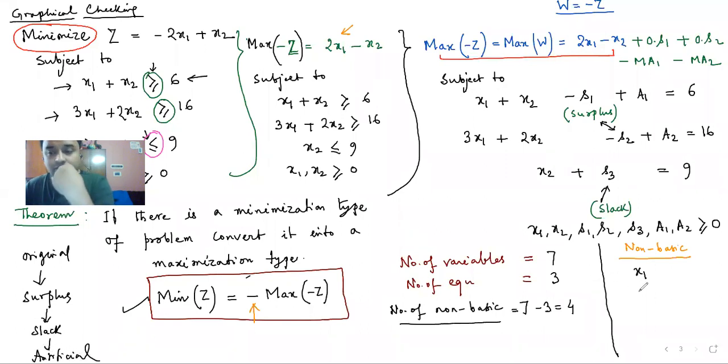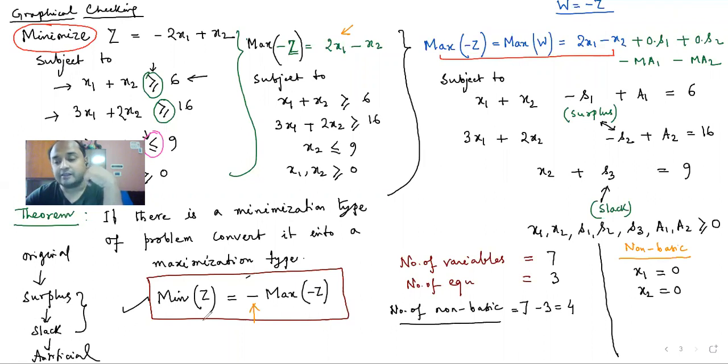Why is it so? Two original variables x1 and x2 will be put 0. But if I take slack first, if I take s3 equal to 0, with x1 0, x2 0, s3 0, that will become 0 equal to 9. So this is a change. In the previous case also, if I upload the video on YouTube, I will put a note there that the pattern will be original, surplus, slack, artificial. If you have noted it down somewhere, just rectify that.